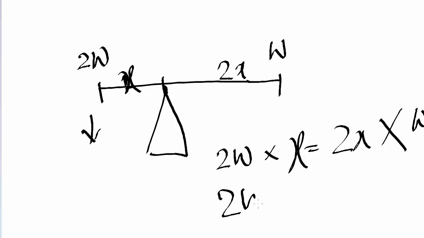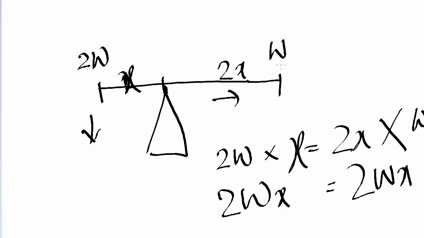You simplify it to 2wx is equal to 2wx. So what we saw here is, if the distance is doubled, less weight or less force is required to balance this boy. And this is the concept of moment of force.